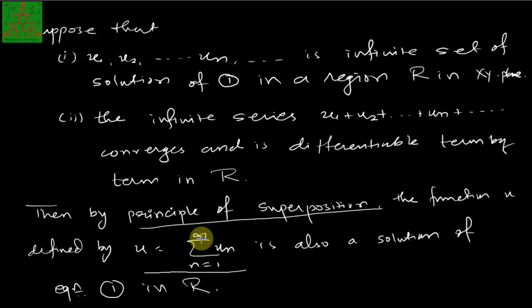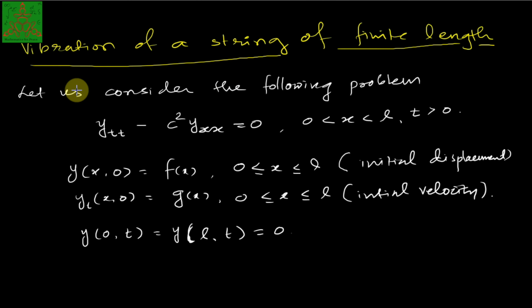So we'll use this principle of superposition to find the solution of a wave equation using the method of separation of variables. For that, let us consider a problem of vibration of a string of finite length.